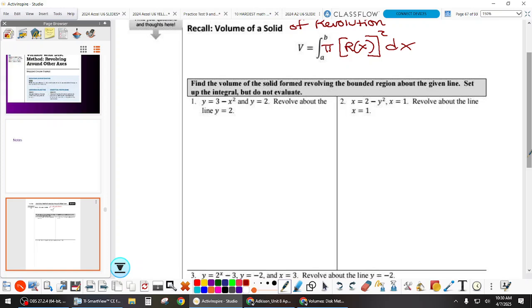All right. So this first one, revolve about the line y equals 2. Where is that line? We should sketch this a little bit. I would recommend when you do these, sketch first. It gives you an idea of what you're looking at.